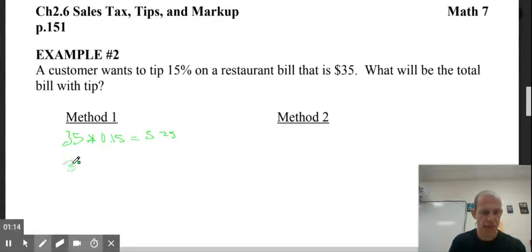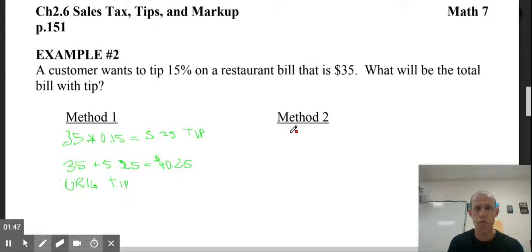And then you're going to add things on. 35 plus what your tip is. $5 and, oops, is it 35 or 25? It's 25. So that's going to be $40.25. So this was your original, and this was your tip this time, not the tax anymore.